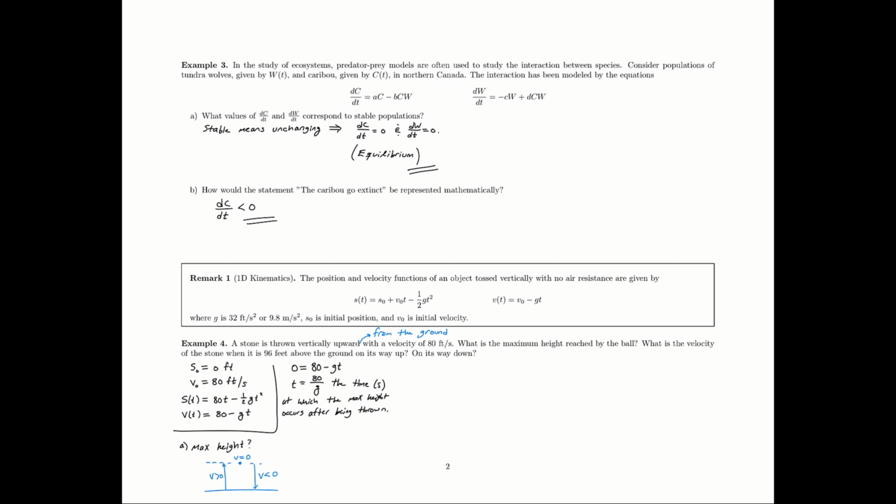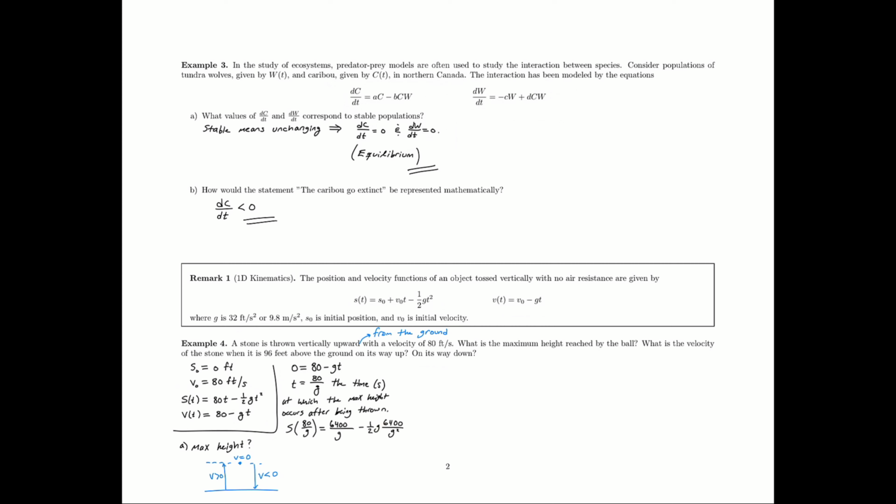So we can then just do S of 80 over g. When we do that, we'll have 80 times 80 is 6,400 over g minus 1/2 g, and then we have t squared, so we have another 6,400 over g squared. Well, we got a little simplification to make.